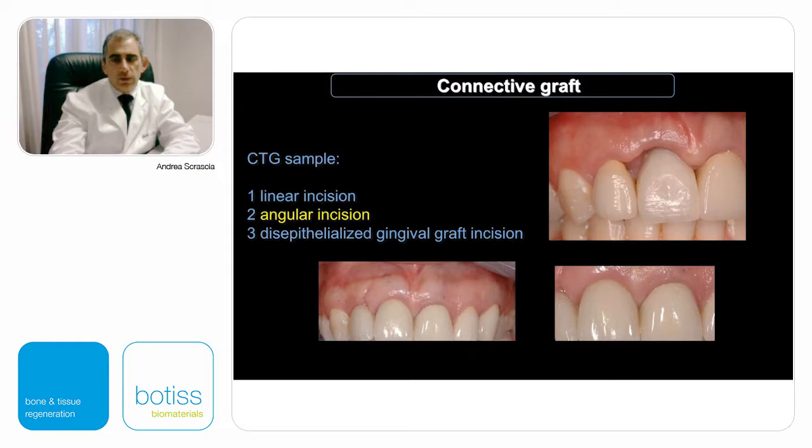This is the before and after. We can appreciate the augmentation of the distal papilla with a barely visible scar that would have been easily taken care of with a desepithelialization, but the patient decided not to undergo another procedure, and she was very happy with this result.